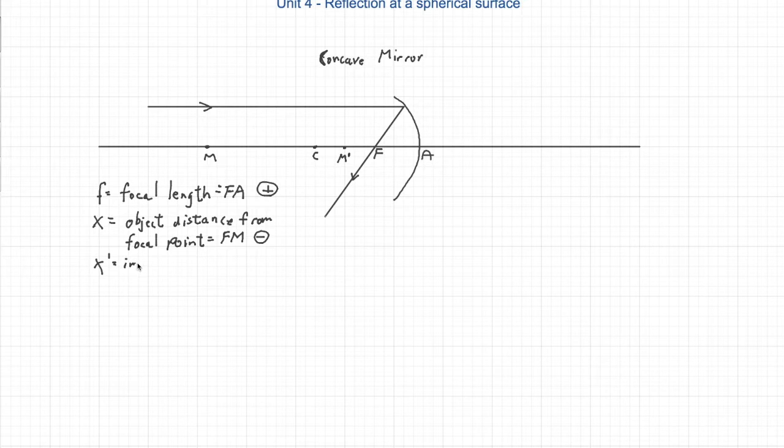And the way we've drawn it, that goes from right to left, and it would be a negative number. The image distance also is measured from F, this time to M prime. And again, going from right to left, that would be a negative value. Good formula to remember is focal length squared equals the product of those two distances, x prime.